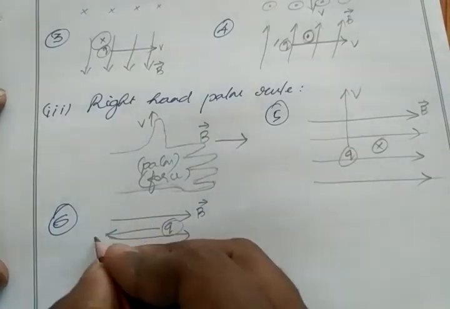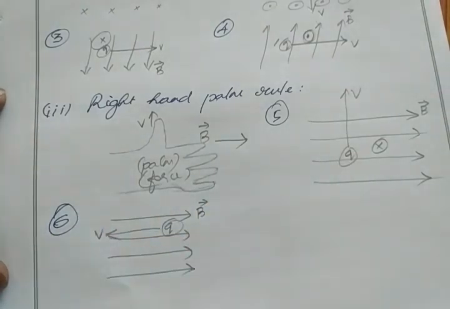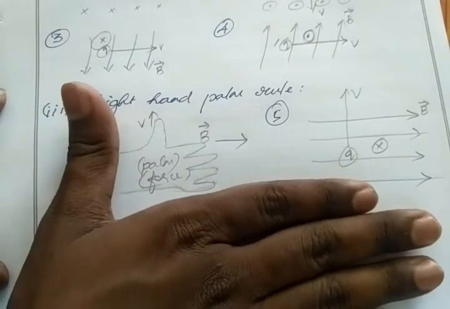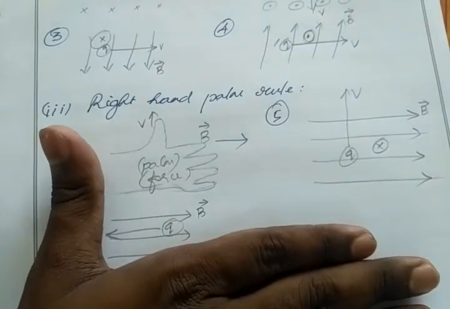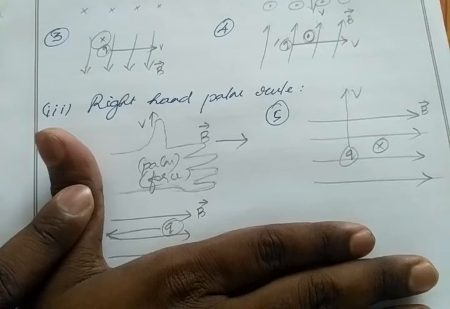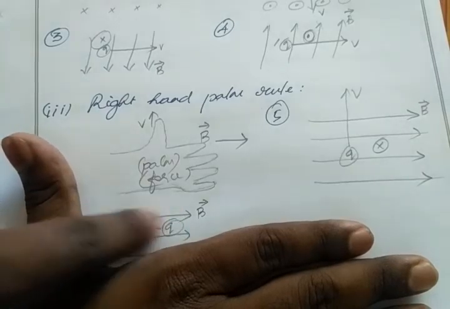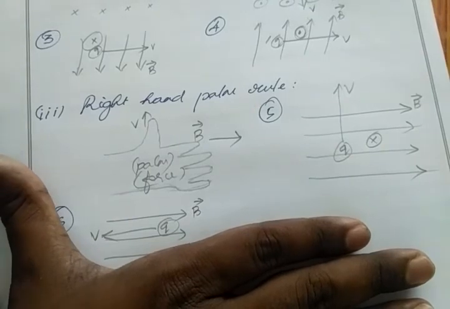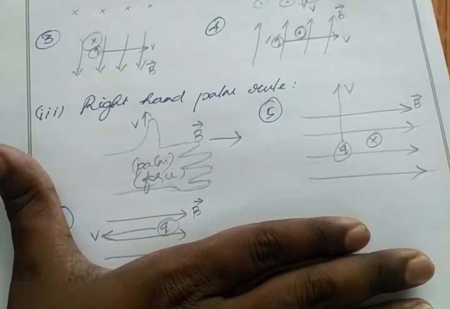Charge is moving in this direction. Okay. So what is the magnetic force acting on this charge? By using right hand palm rule, my forefinger in the direction of magnetic field. My thumb finger should show in the direction of motion of charge. Charge is moving in this direction. So I have to move my thumb finger in the direction of motion of charge, which is not possible.